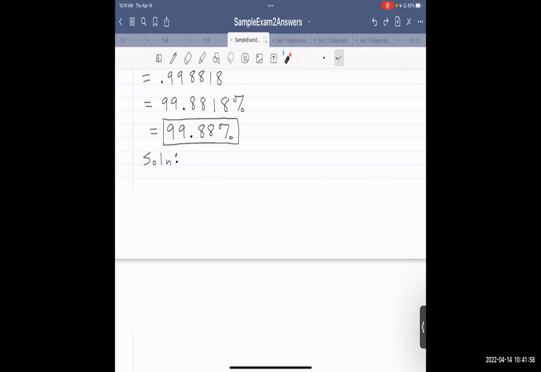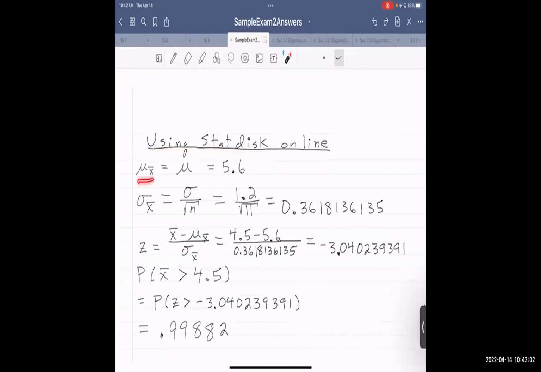I can also do this using StatDisk Online. And so the mean for the sampling distribution of all possible sample means is mu, 5.6. The standard deviation is 0.36136. So before I can use StatDisk Online, I have to compute Z, I have to normalize.